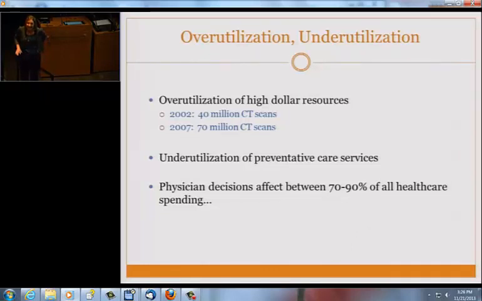That's significant. We underutilize preventative healthcare services, for sure. We know that at a national level, compared to other countries, our outcomes are not as good. We hospitalize more people. It's estimated that we're the biggest drivers of variation, that our individual decisions drive 70 to 90% of clinical variation.